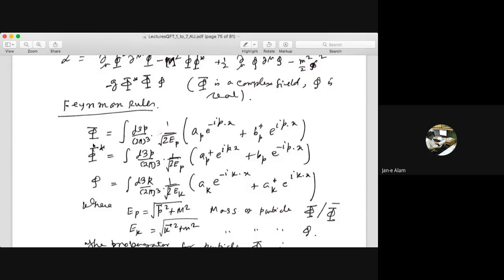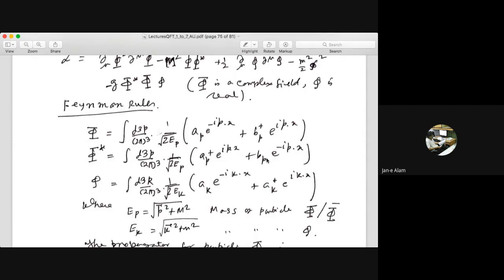Since these are complex fields, they will have distinct particle and antiparticle. You have seen this when I calculated the total charge for the complex scalar field: the contributions from particle and antiparticle add in the total charge with a relative negative sign.